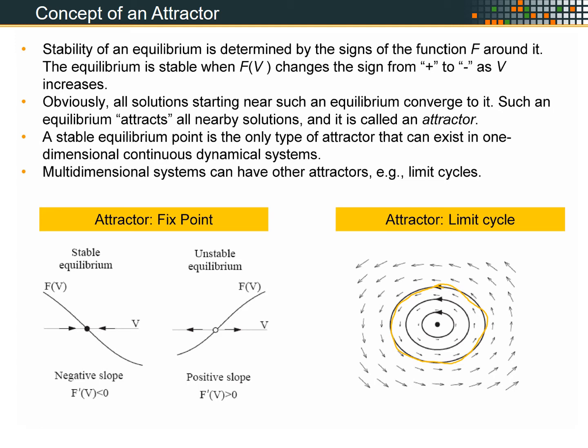So that means we need to extend for more than one-dimensional systems the concept of an attractor to other types than simple fixed points. And in the next slides, we will talk about that and associate a concept of stability and how we can actually determine this concept of stability in more dimensional systems.